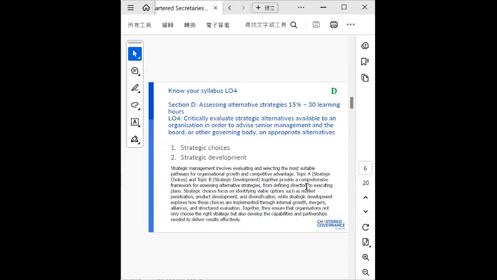So basically, this part is usually integrated with the other sections. So this part of the syllabus seldom has one standalone question on itself. Sometimes they integrate this part with other sections.